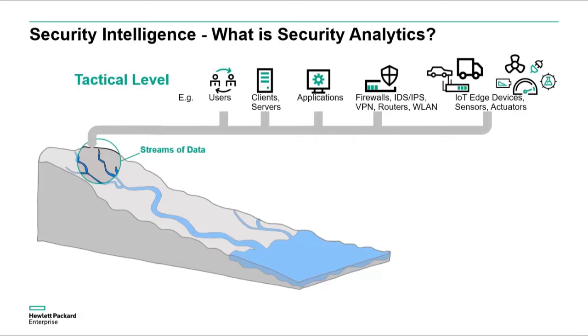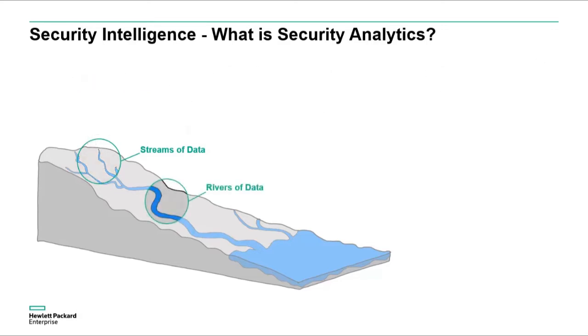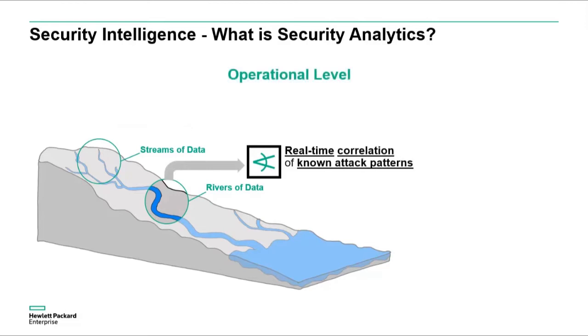Let's call this the tactical level, because on this level there are many enforcement points like firewalls and intrusion prevention systems that could block the attack if we were aware of the attack. And awareness is gained in the operational level. Let's see how that works.